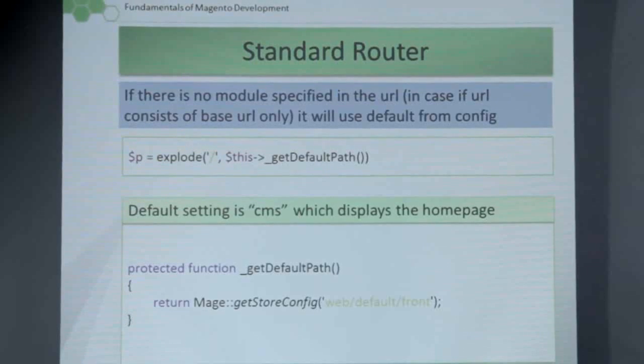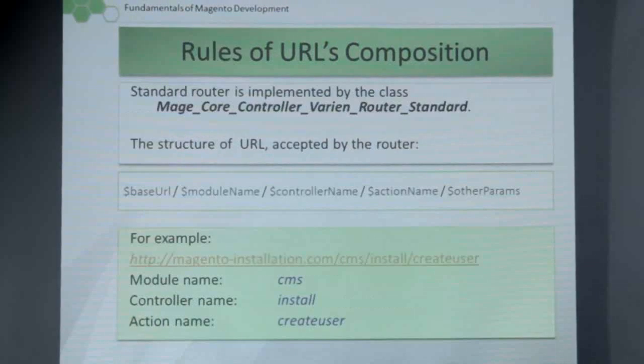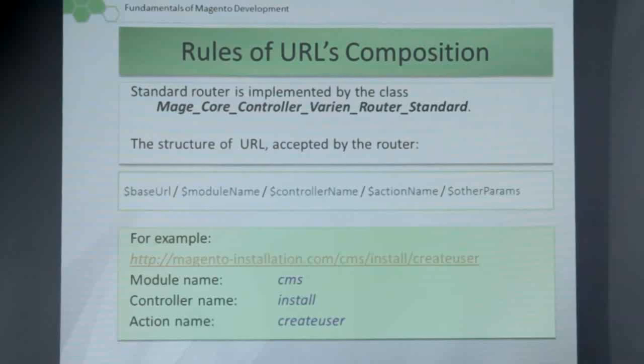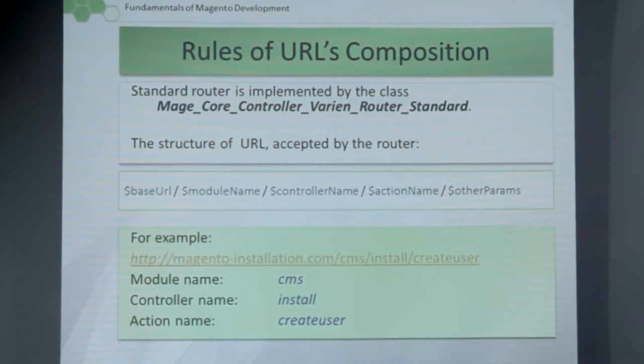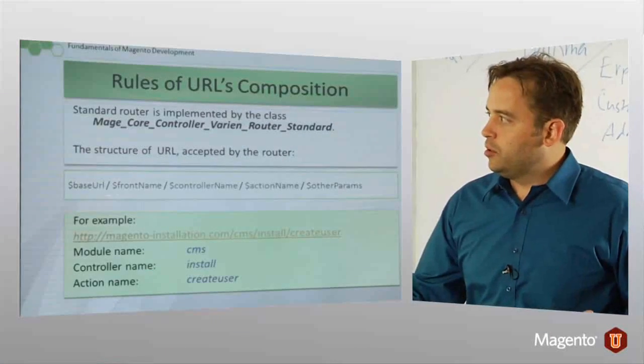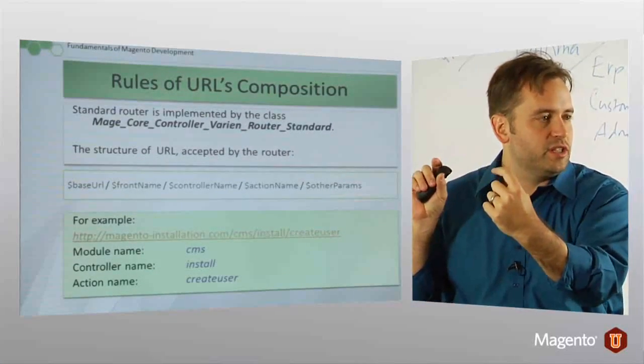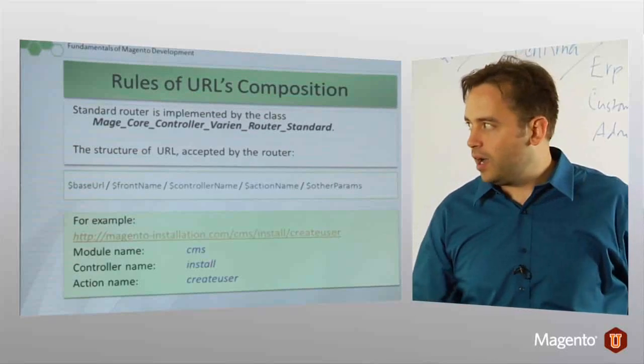Actually, let me go back here. This module name here, really, that should be front name, because that's what it's called. That's the actual configuration node in Magento. I'm going to change that. We're dealing with the module here, but the actual node in the configuration is called front name. So that's why I made that change.